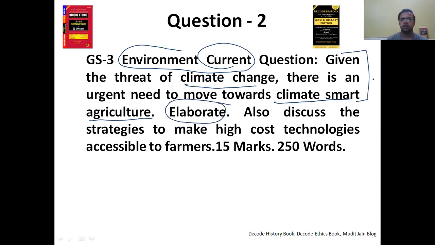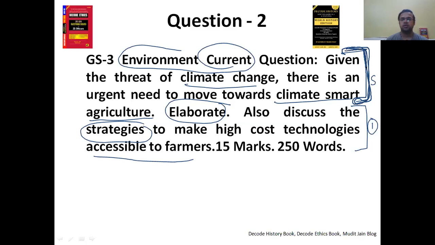This is a statement, you have to elaborate it. Also, discuss the strategies to make high cost technologies accessible to farmer. So there is no subpart in this line, it is one part. But then can you identify two subparts in this statement?